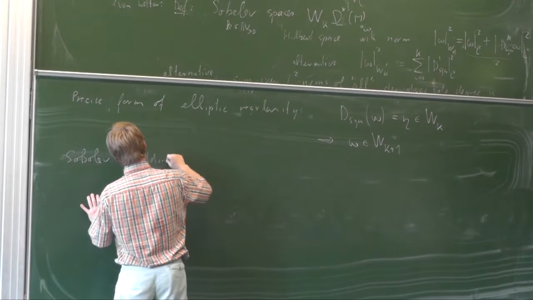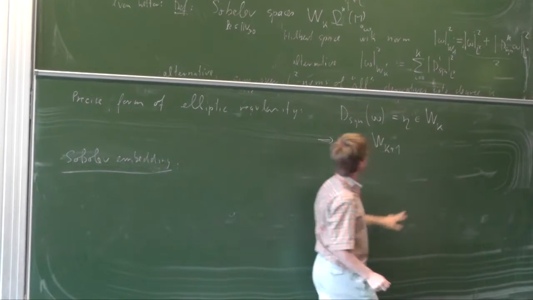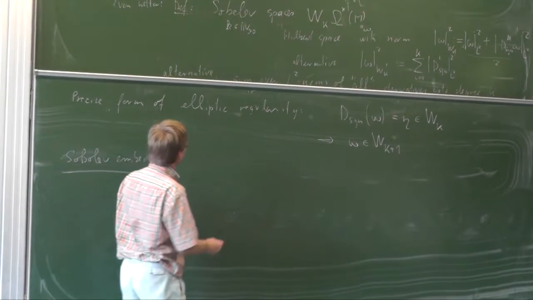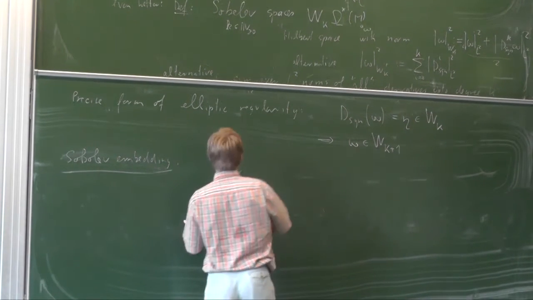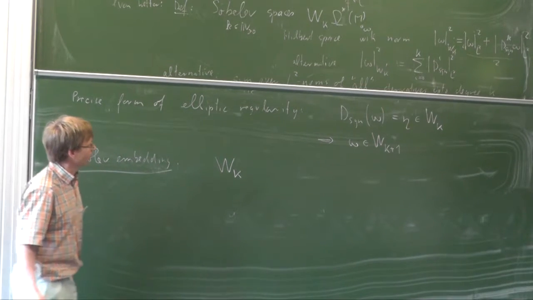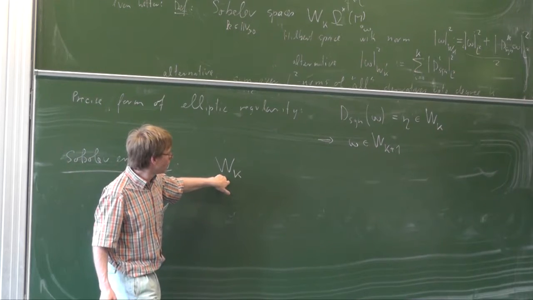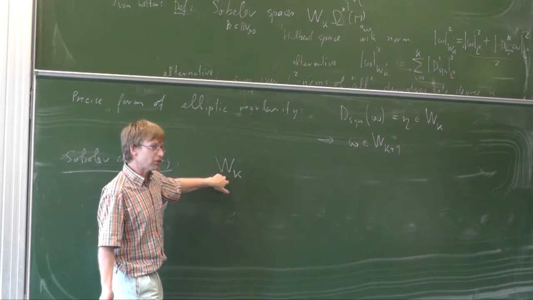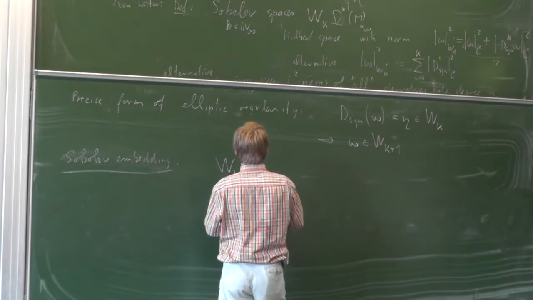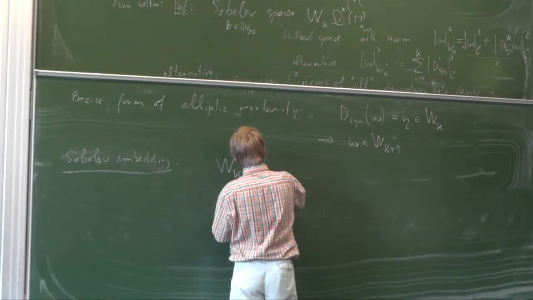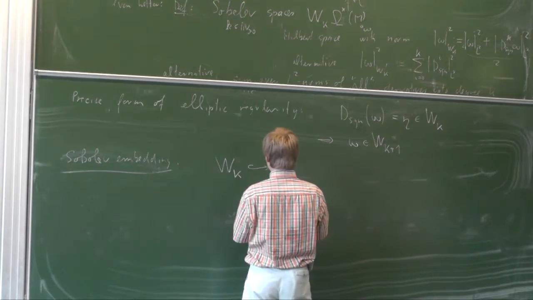Just to relate this kind of differentiability with the standard kind of differentiability, let me tell you that if you have a function or some section of our form bundle which in the Sobolev sense is k times differentiable, it is indeed also differentiable in the usual sense of differentiability of functions we define locally, but we lose a little bit of differentiability.